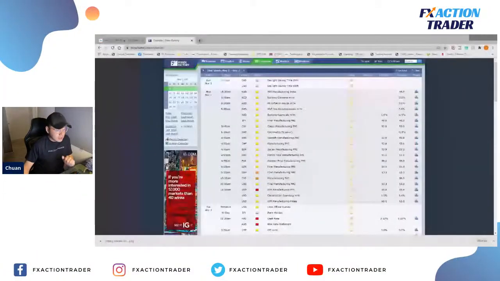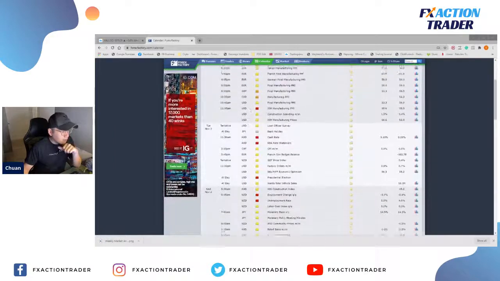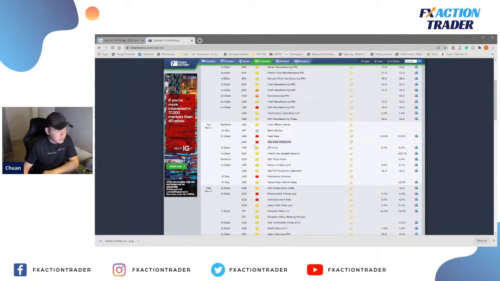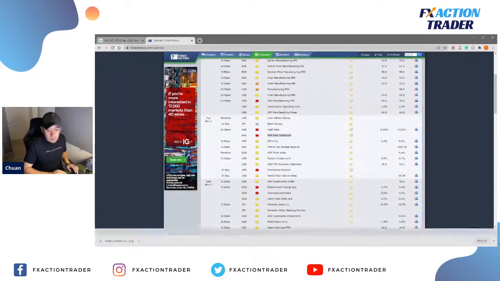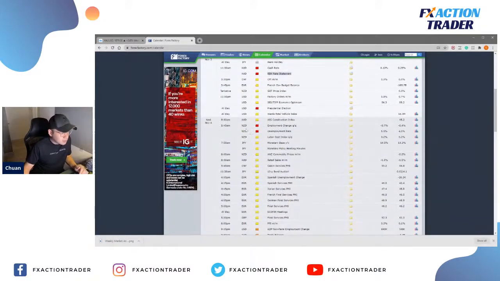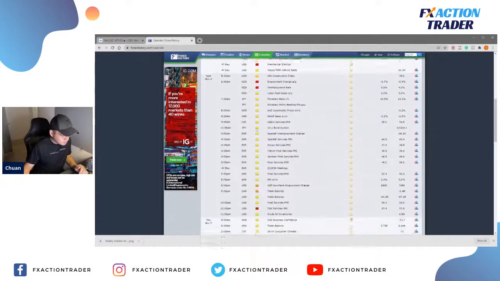All right, so this is the news that we are going to have in this coming week. On 3rd of November, we have the RBA statement for the Australia pair. On 4th of November, we have some news on the New Zealand dollar.